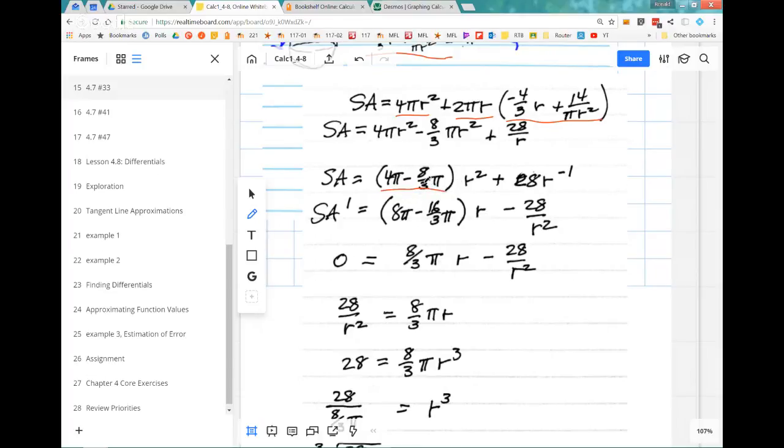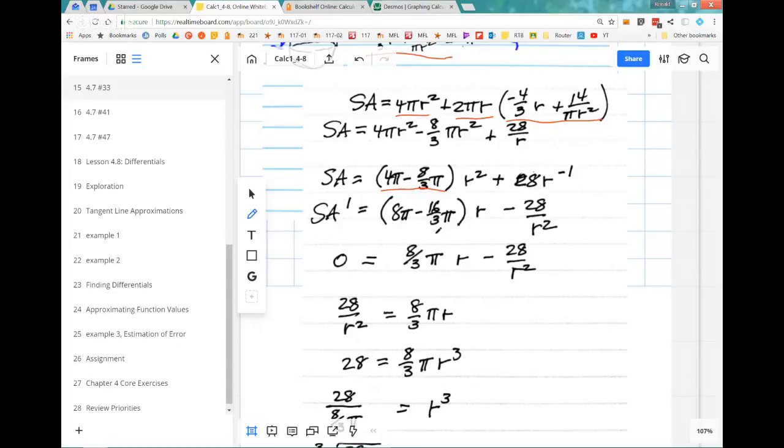And when you take a constant times r squared, the derivative is 2 times that. So this is 2 out here, and then reduce the power on r by 1. Well, 2 times 4 pi minus 8. This can be combined. And then over here, take the derivative of 28r to the -1: -28 r to the -2, and you reduce the power by 1.